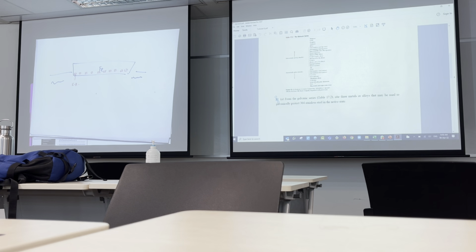For example, if I'm doing a protection of this in a sea environment, I'll never want to use cadmium. Yeah, cadmium, because this is actually poisonous. You want to protect, but you also don't want to create more damage to the environment. So in a certain sense, for that reason, zinc will be a very good case.